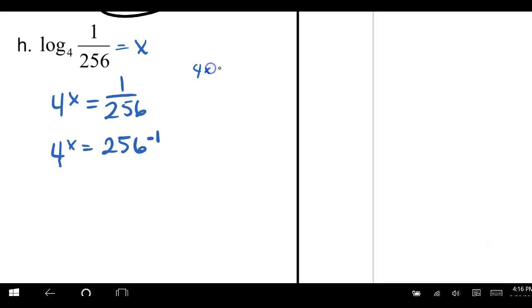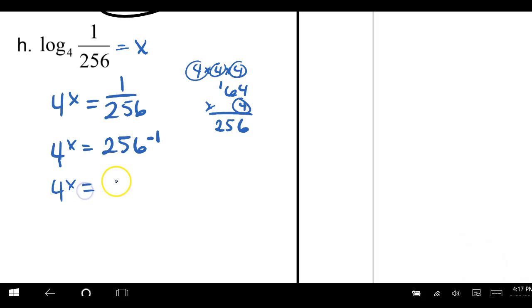So 4 times 4 is 16, times 4 I know is 64, and then 64 times 4, well, let's see, that's 16, carry the 1, 4 times 6 is 24, plus 1 is 25, so that is 256. So that means 1, 2, 3, 4 fours. So 4 to the x is equal to 4 to the 4, raised to the power of negative 1.